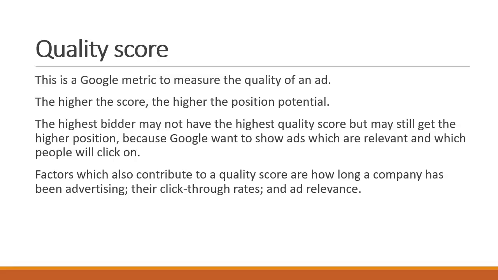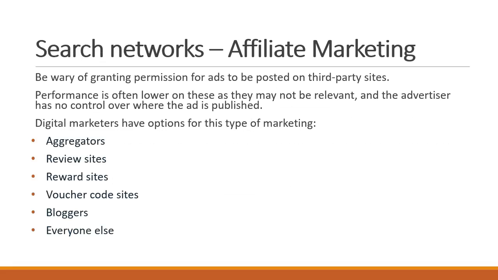Okay? Of course, the things that impact our quality score are similar to the things that impact our SEO. So how long we've been in existence and advertising, what our click-through rates are, what are the relevance of our ad and our content. Okay?